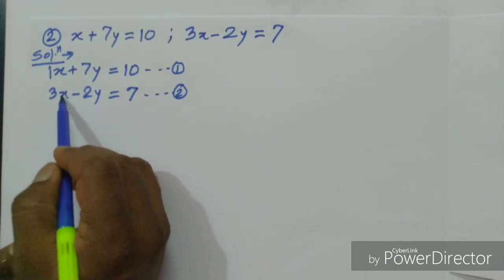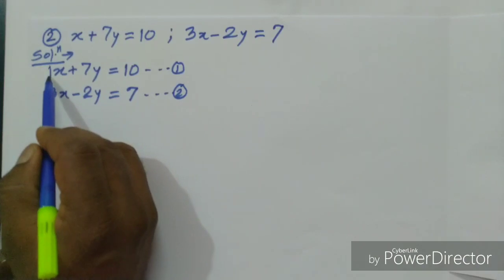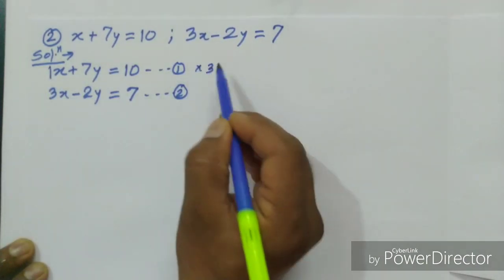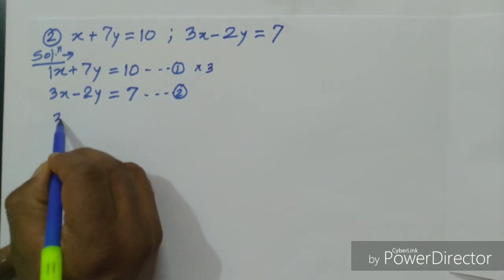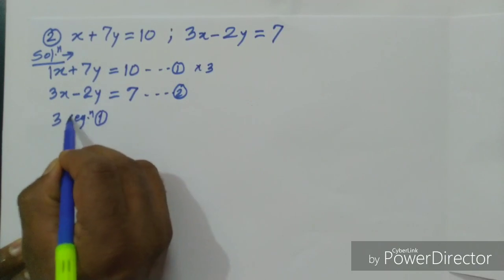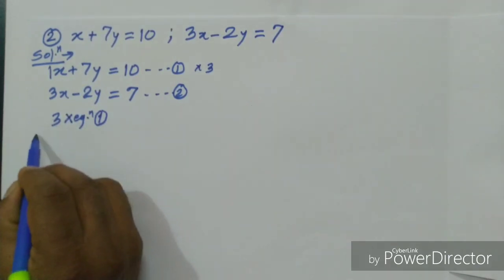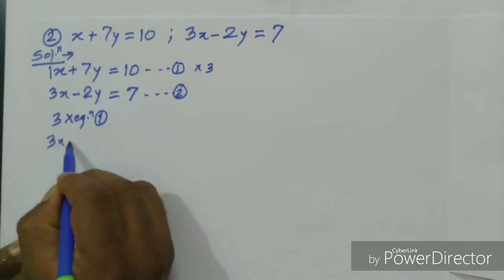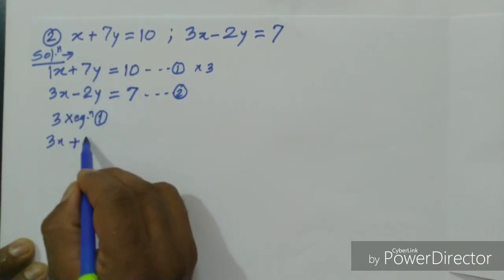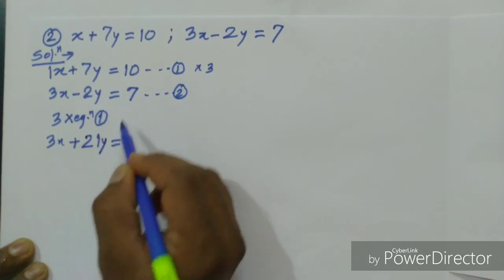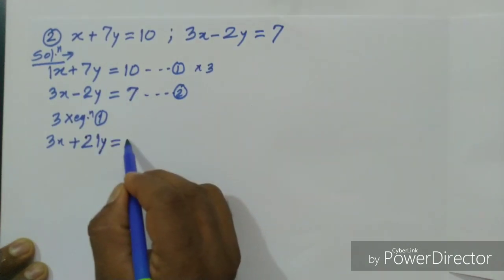Convert 1x in the first equation into 3x, therefore multiply equation 1 by 3. Multiplying equation 1 by 3, we get 3 into 1x is 3x, 3 into 7y is 21y, is equal to 3 into 10 is 30.